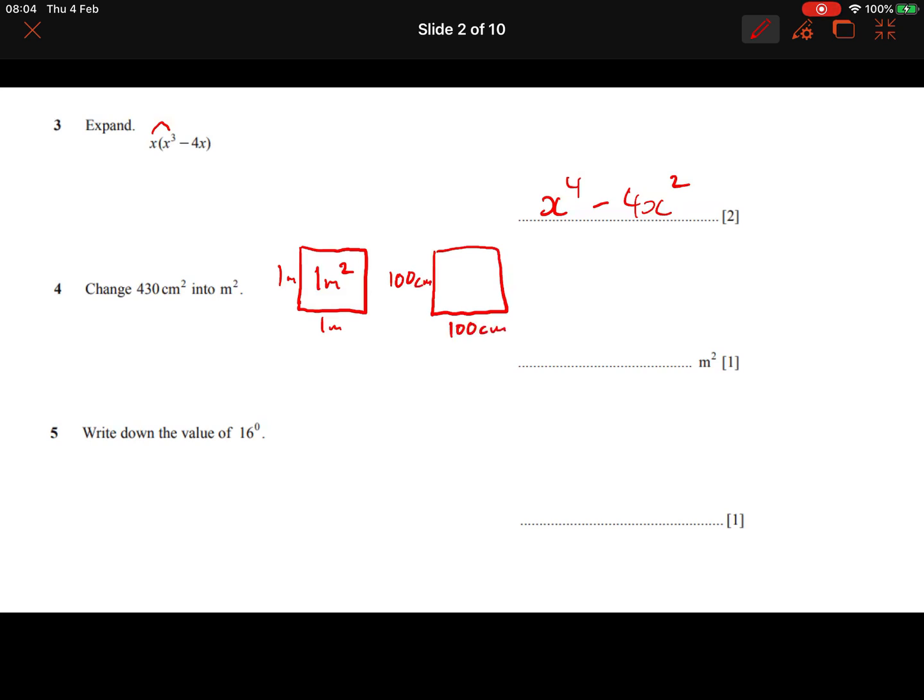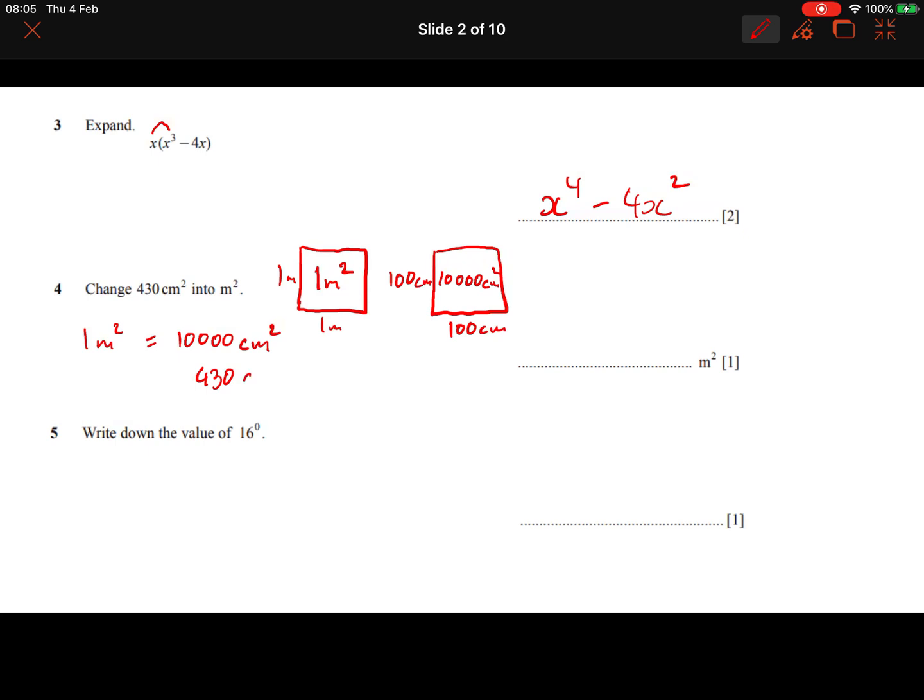Okay, it's the same square because 1 metre is 100 centimetres. So the area is going to be 10,000 centimetres squared. So what we've got is a conversion of 1 metre squared is equal to 10,000 centimetres squared.